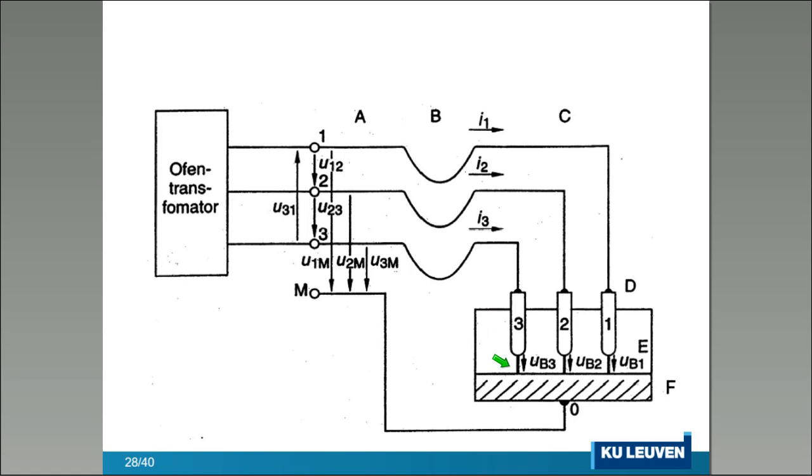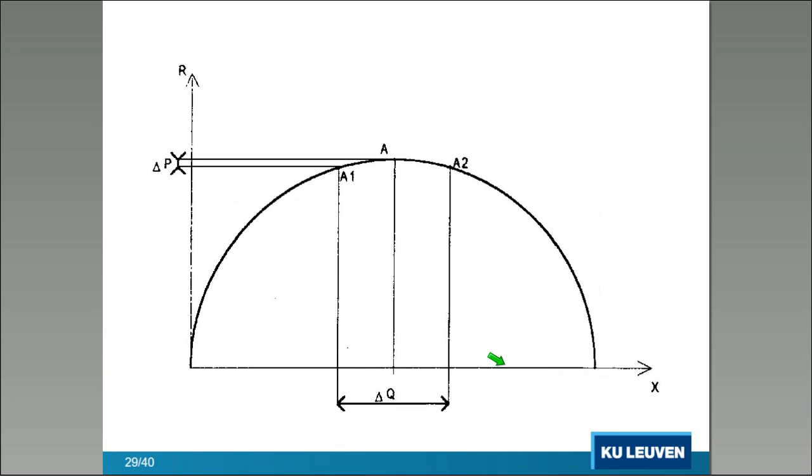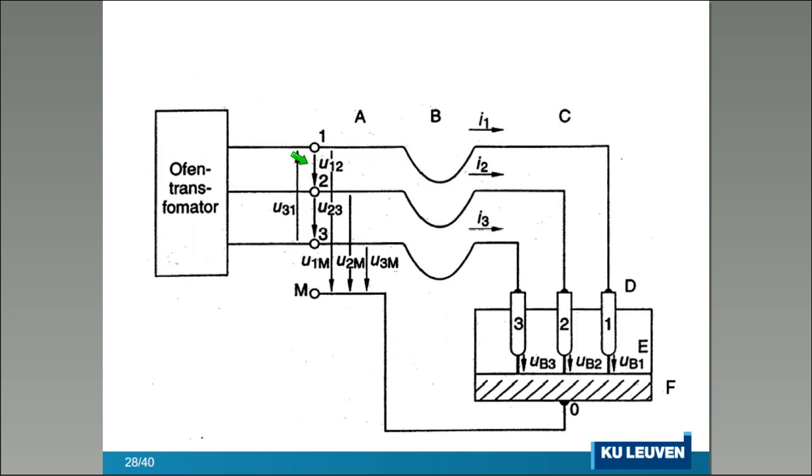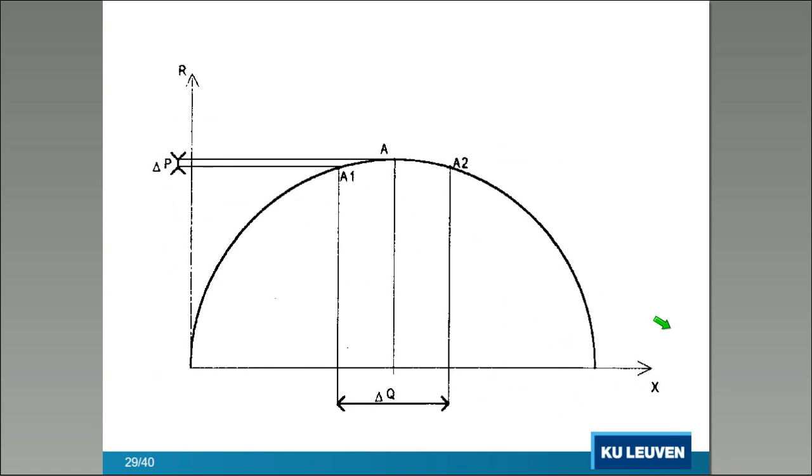We are here in a high power application, so we want to control power. How do we control? Just by pulling up the electrodes, making the arc longer or shorter. That makes us go around here on the circle diagram in active power. So the power regulation with the alternating current arc furnace is done by lifting or sinking the three electrodes.